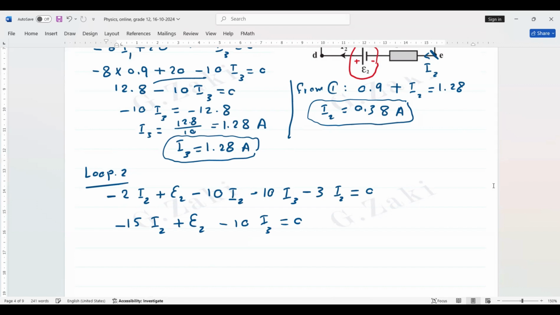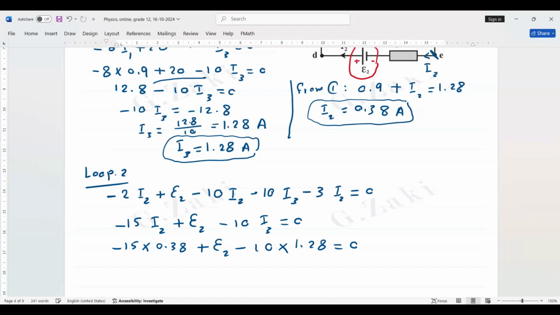Already we have I2 and I3, so substitute: negative 15 multiply 0.38 plus E2 minus 10 multiply 1.28 equals 0.